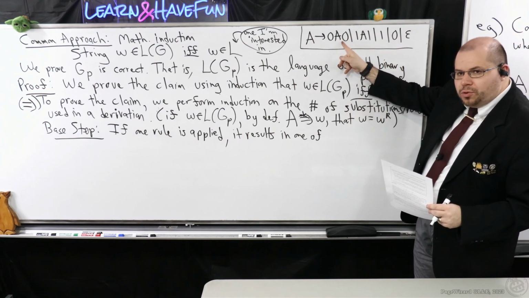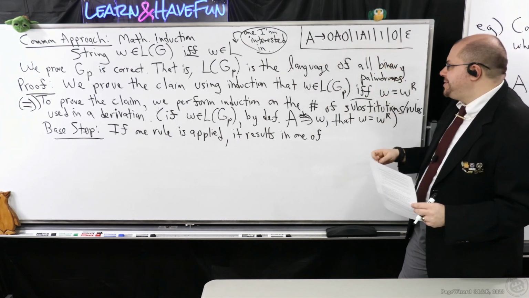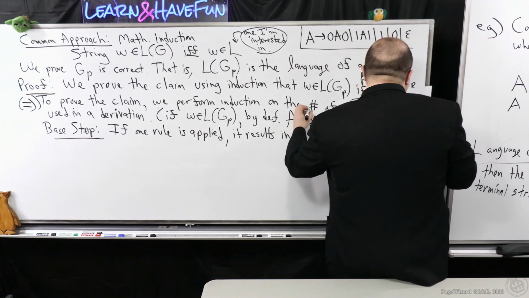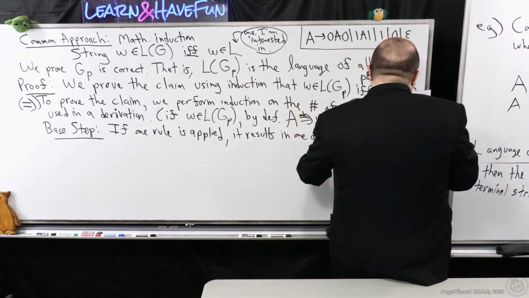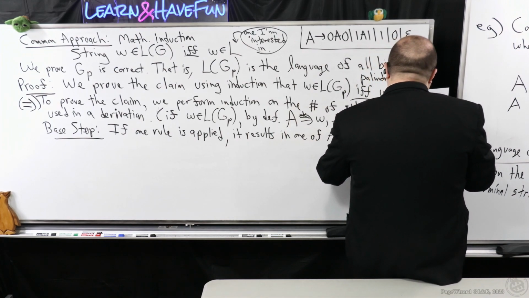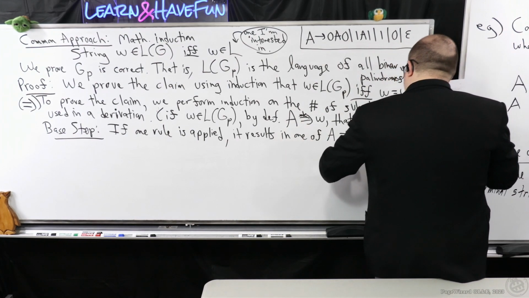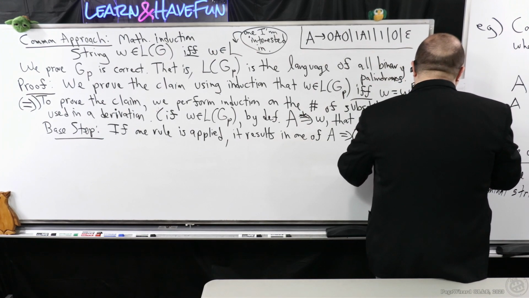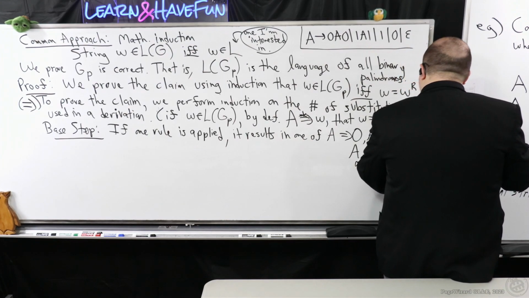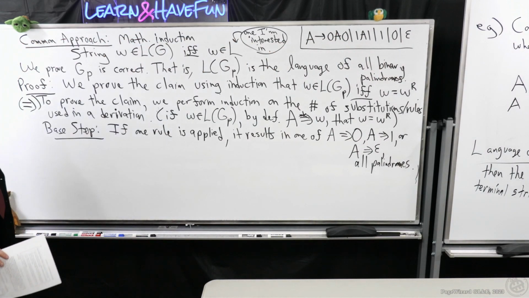I would need to apply more rules. Same with this one. It's these three here. These all end up with terminal strings. But each one of them is a palindrome, correct? It results in one of: A derives 0, A derives 1, or A derives the empty string. These are all palindromes, completing the base step.